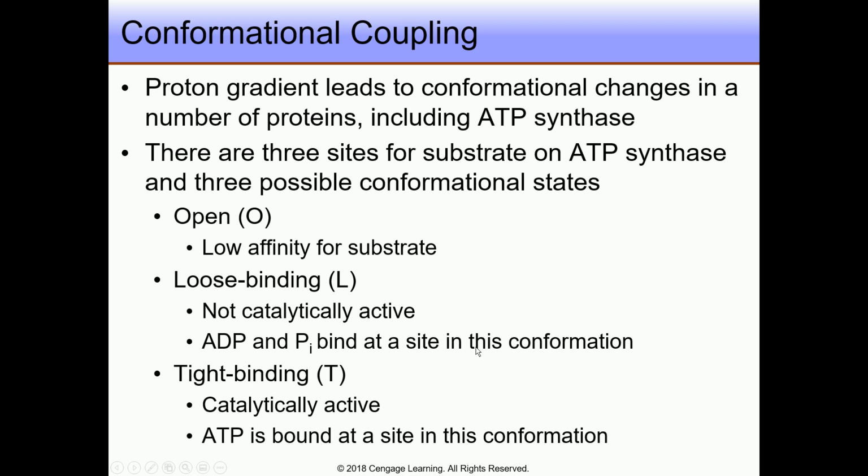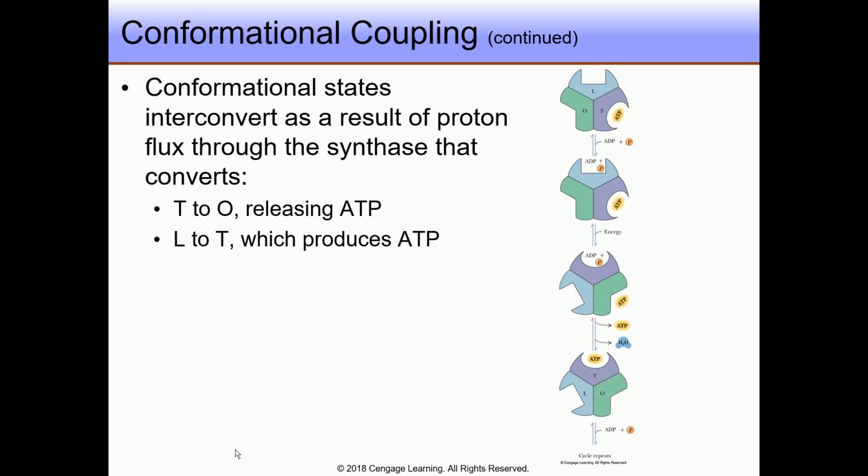In the L conformation, it is not catalytically active, and in this conformation ADP and phosphate bind to the beta subunit. And the last one is T binding, or the T conformation. In this conformation, the beta subunit is catalytically active, and ATP is formed and bound in this conformation.